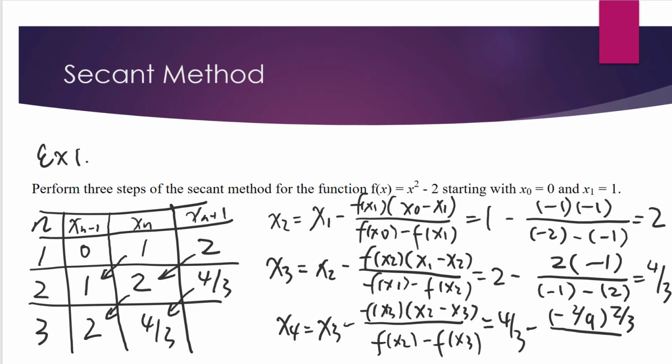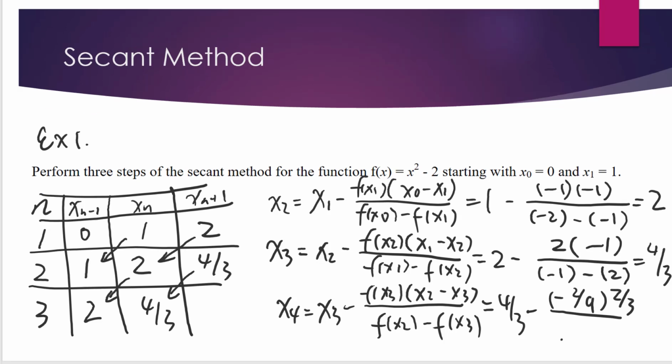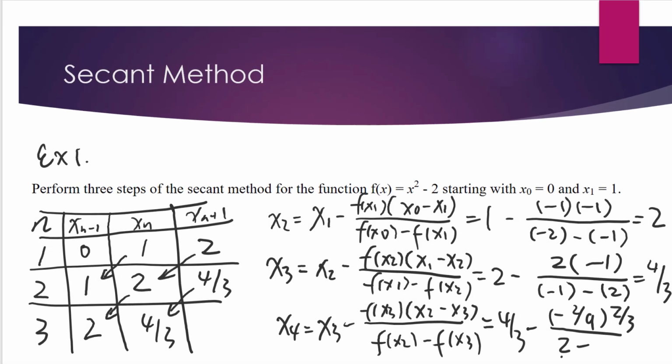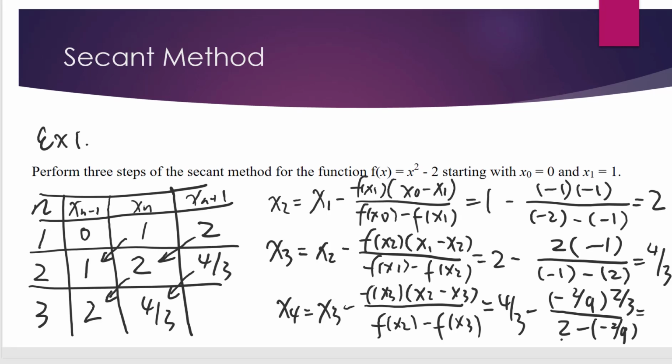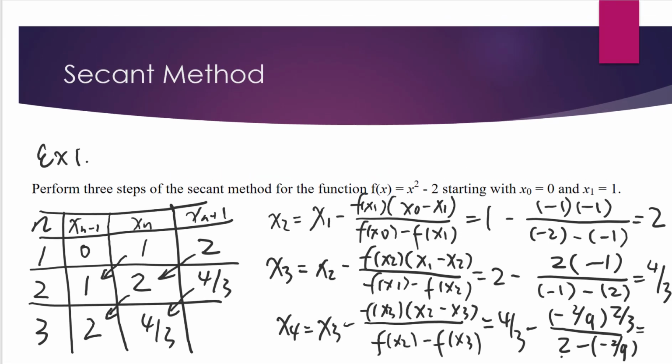Then over f(x2), which is 2, minus f(x3), which is negative 2 over 9. So you can calculate this using a calculator, and this finally will be 7 over 5.